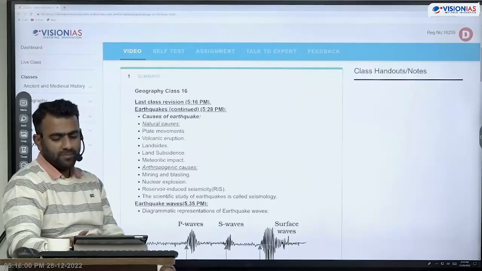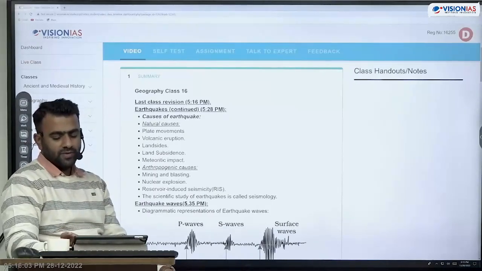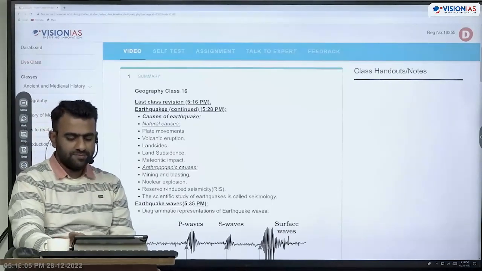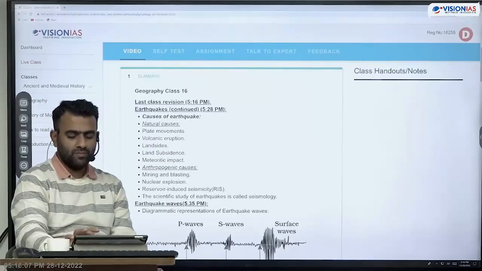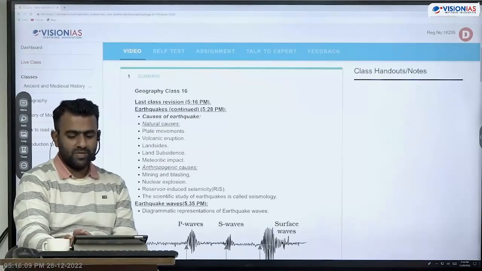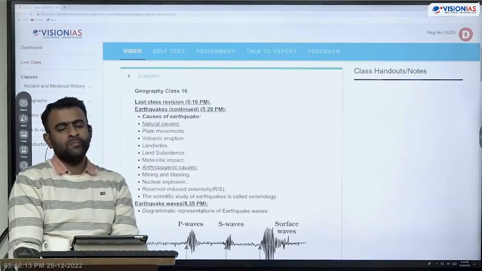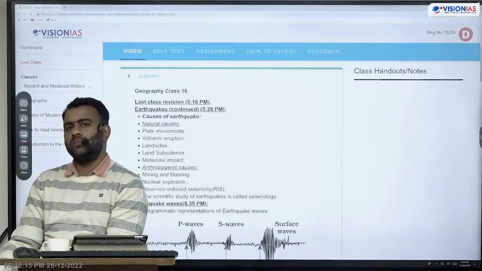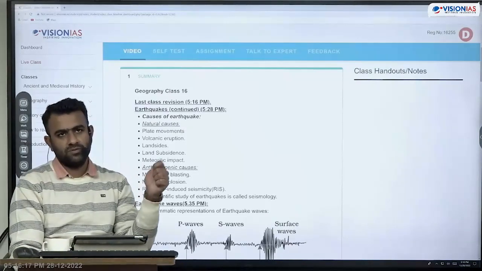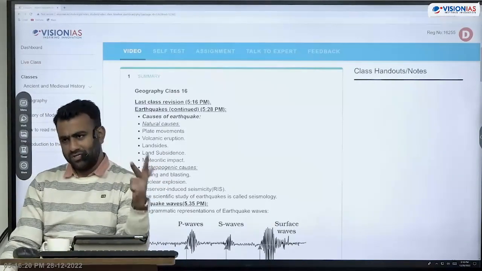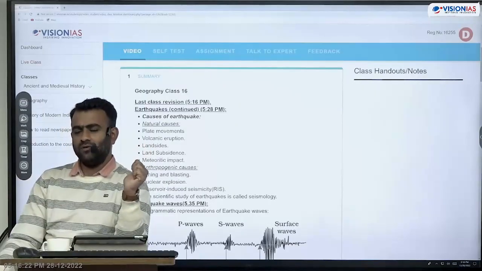Among the important impacts of earthquakes, tsunami is the most important one. In Japanese, tsunami means harbor waves. Tsunami has 4 stages: generation, propagation in deep water, propagation in shallow water, and then landfall.